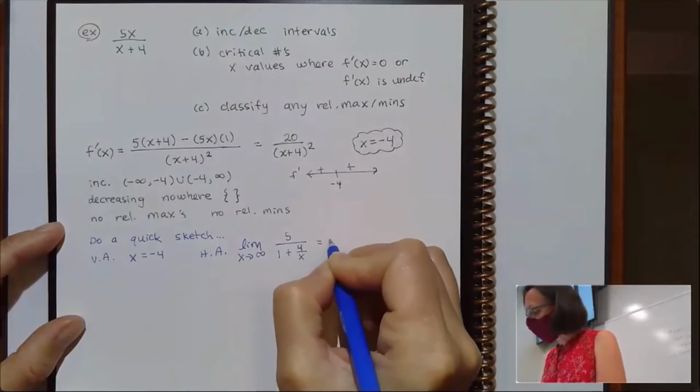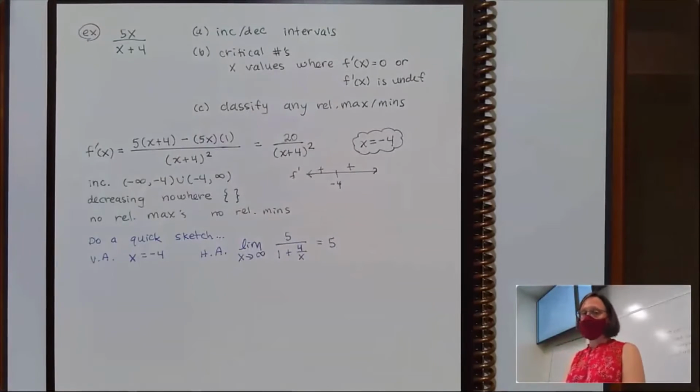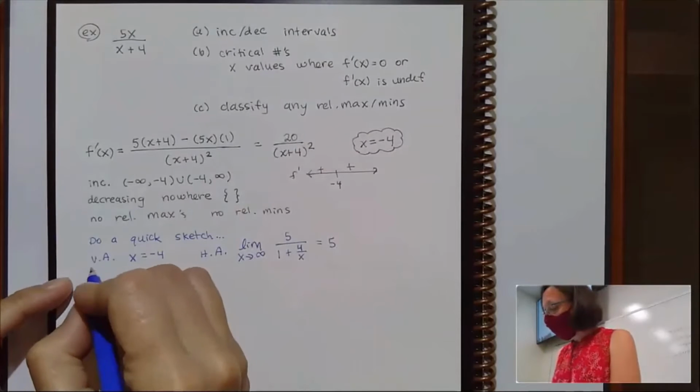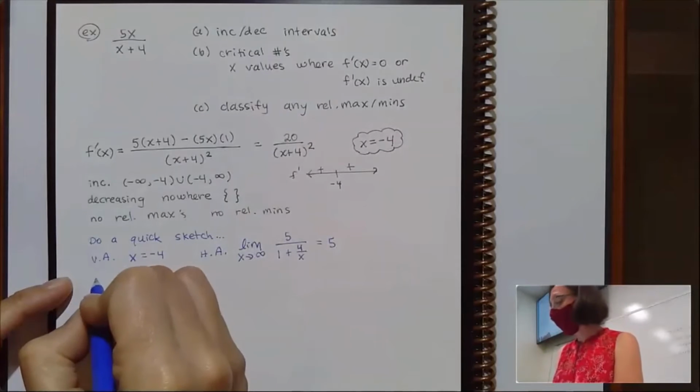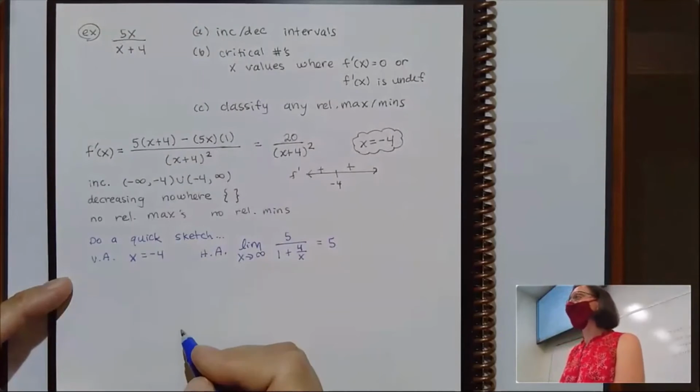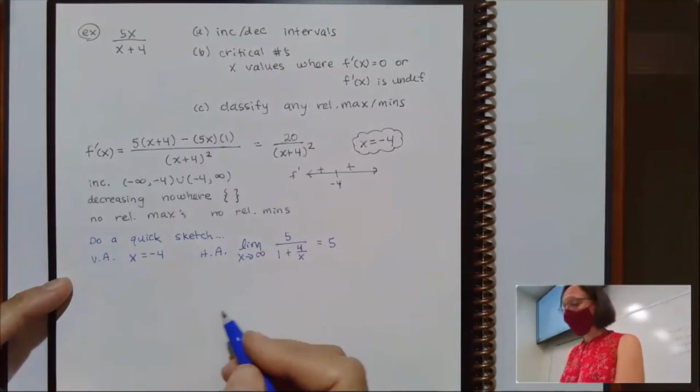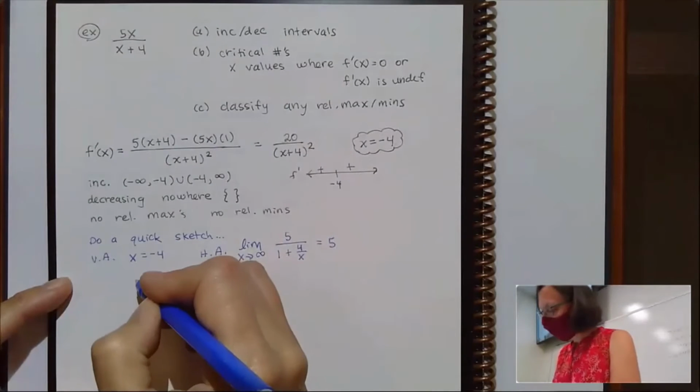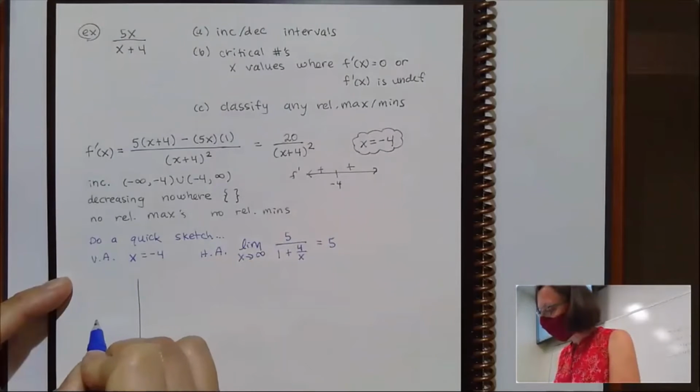And I'm looking at a horizontal asymptote of 5. I also happen to know that I've got intercepts at 0, 0, because if I plug in 0 for x, my y value would be 0. And that's enough for me to graph this thing.